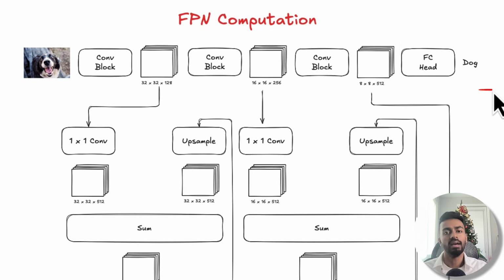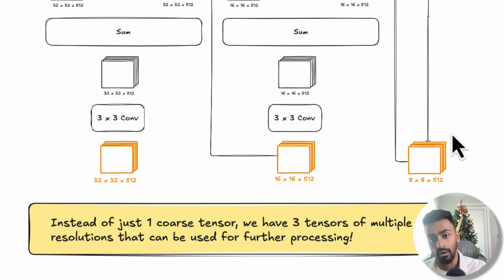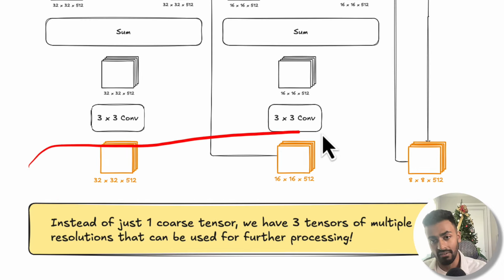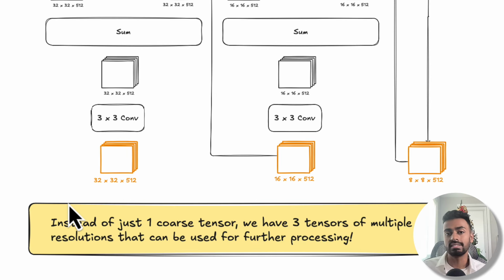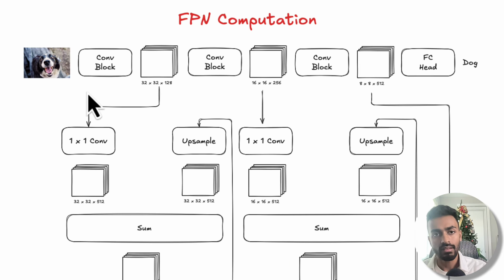And the entire goal of the feature pyramid network is, instead of generating one tensor that may be too coarse for further processing, we generate multiple tensors of varying resolutions instead. And this is how we can do it. First, we take an image and generate these tensors over here by a forward pass.